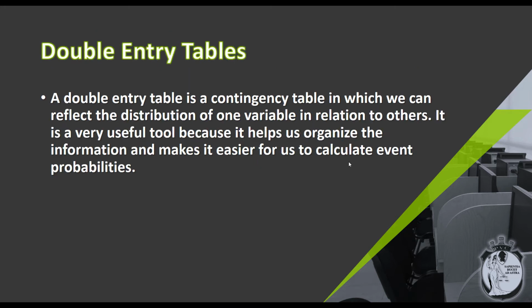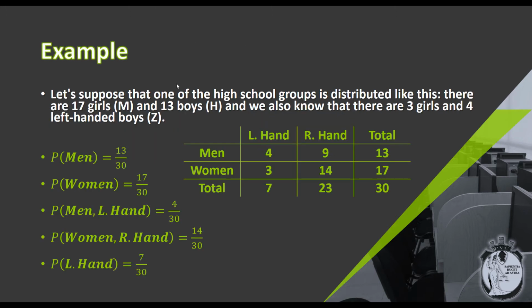Now, the double entry tables. A double entry table is a representation of all the results of one experiment. For example, here is the table. Let's suppose that one of the high school groups is distributed like this: there are 17 girls and 13 boys.